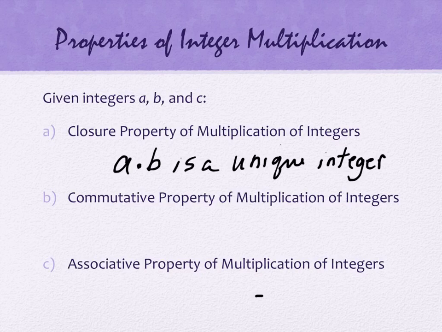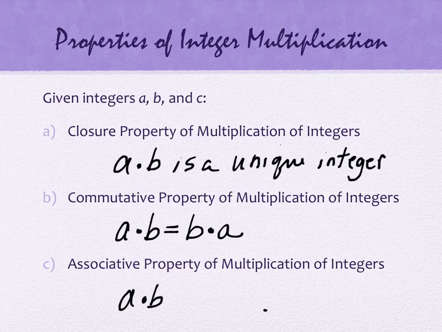All right, what is the commutative property for multiplication? What's it say? Yes. A times B is equal to B times A. What's the associative property say?